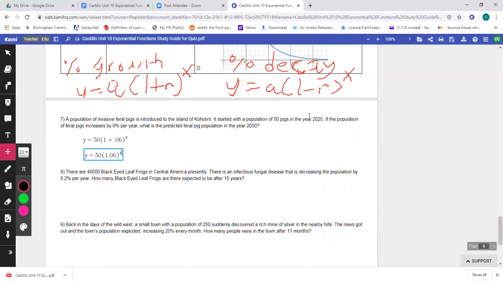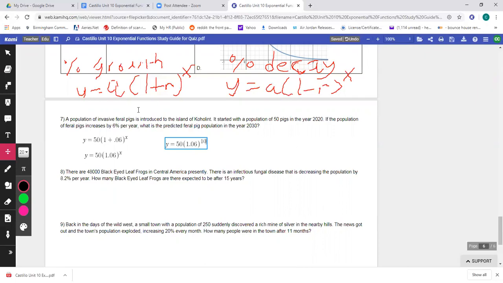Well, if I start measuring at 2020 and it ends up in the year 2030, how many years have passed between them? That's 10 years, right? So this is going to be Y is equal to 50 times 1.06 to the 10th, and that is how you get the predicted population.